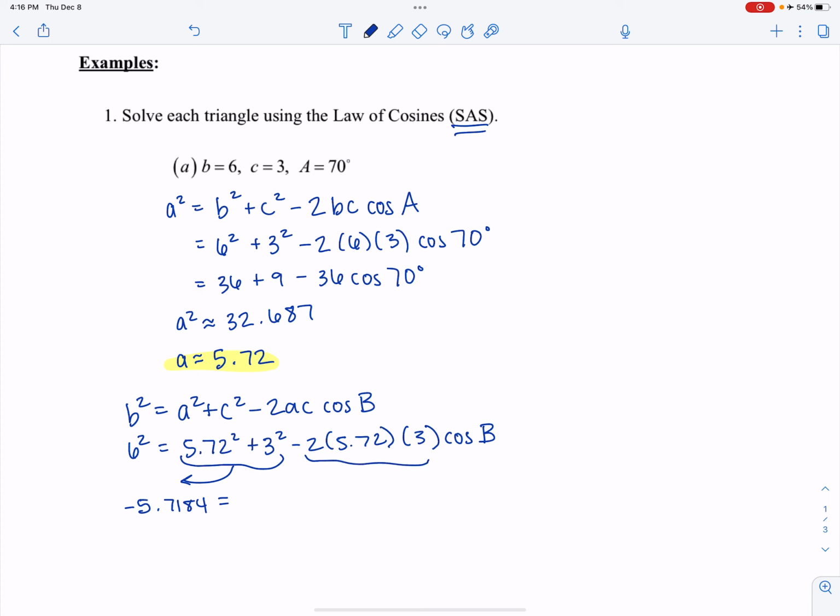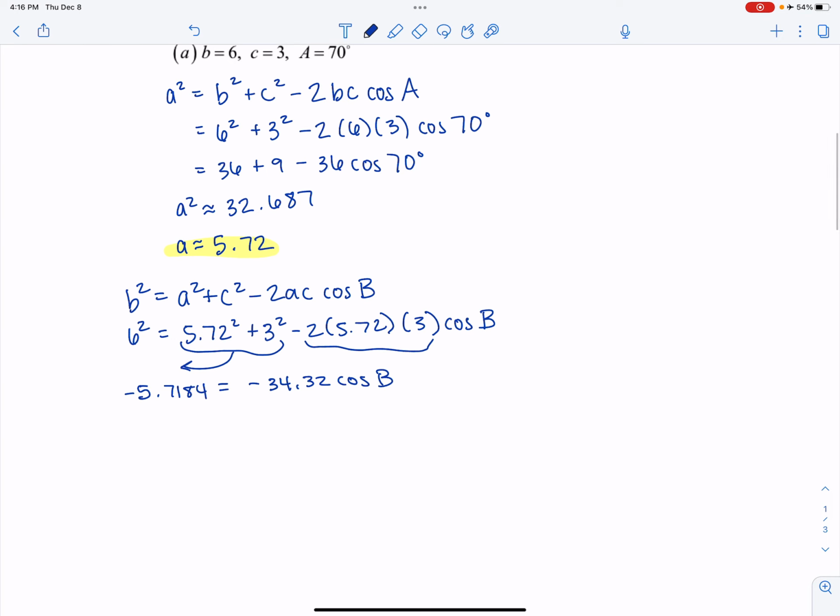And if I multiply all these out, I would have negative 34.32 cosine B. And dividing leaves me with cosine B equals 0.167.